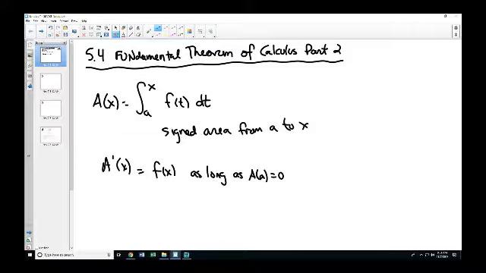Okay. And this is the thing that the AP likes to test the most. Okay, and I'll show you an example of that here in a bit.